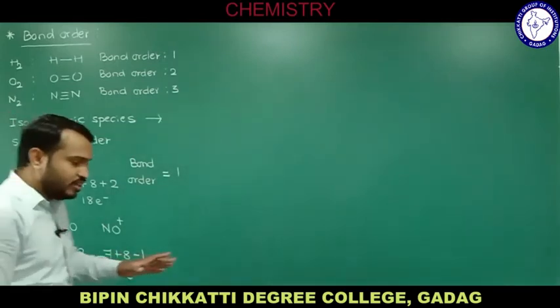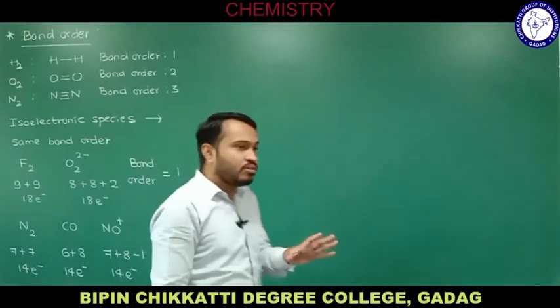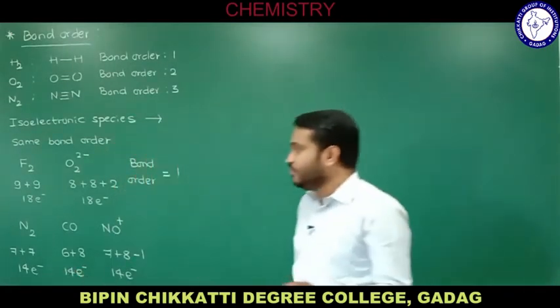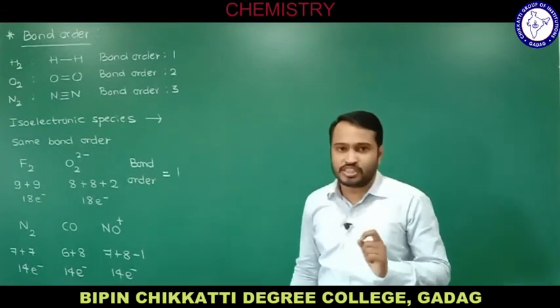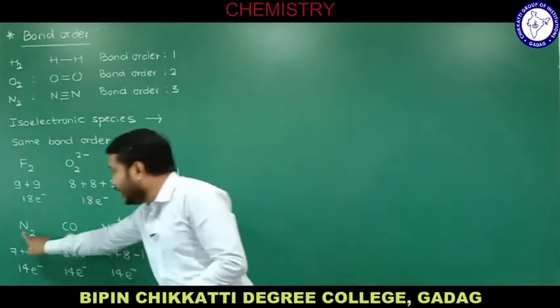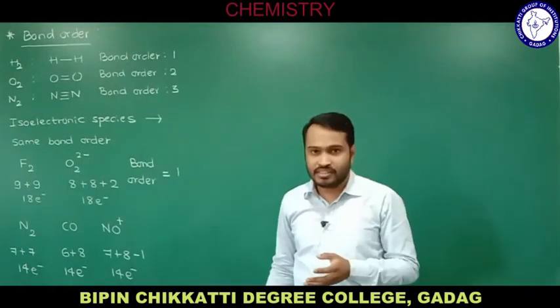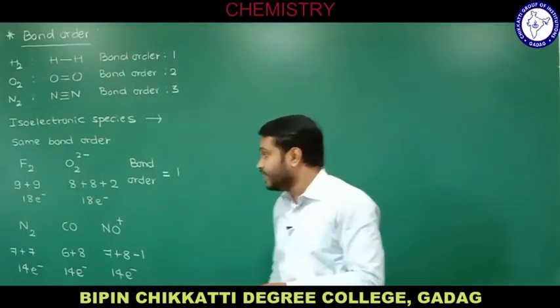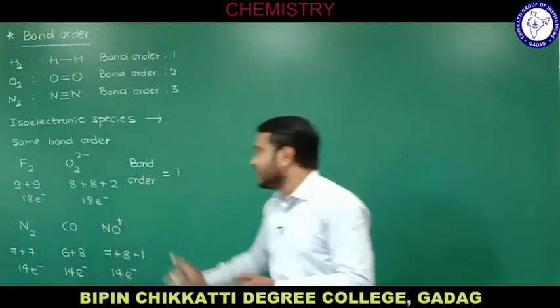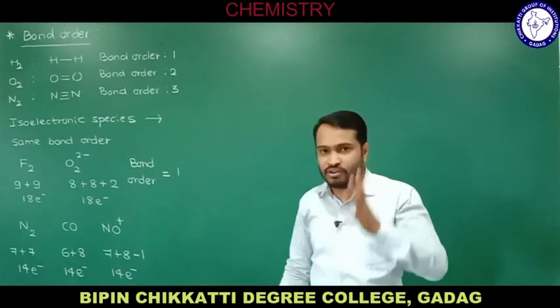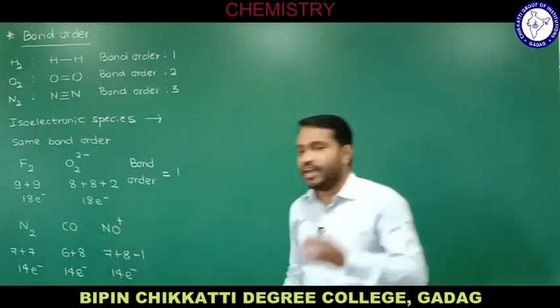So if you consider nitrogen, carbon monoxide and NO plus, the number of electrons in all these cases is the same, so these are isoelectronic species. We know that in the N2 molecule the bond order is 3, isn't it? Now by this concept I can say the bond order of carbon monoxide and NO plus will also be 3, meaning between carbon and oxygen we have 3 covalent bonds, and between nitrogen and oxygen we have 3 covalent bonds.